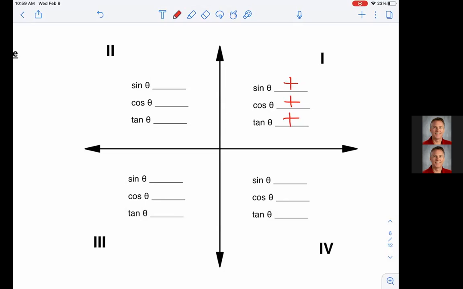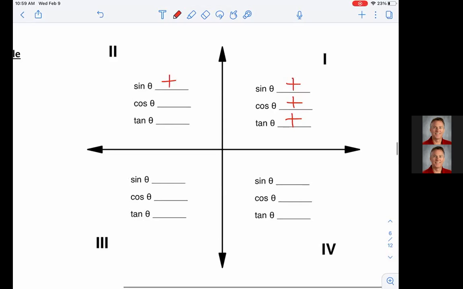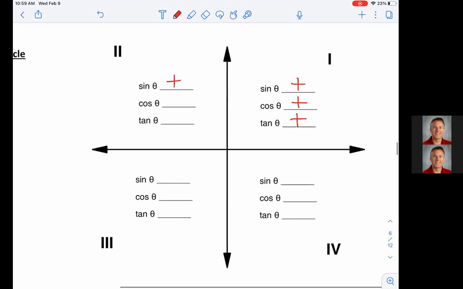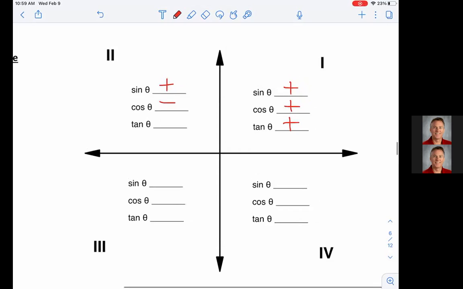That's not true in the second quadrant. Because in the second quadrant, the sine is positive, because that's a y value. But the cosine, which is the x value, is negative. And therefore, the tangent will be negative, because tangent is sine over cosine.